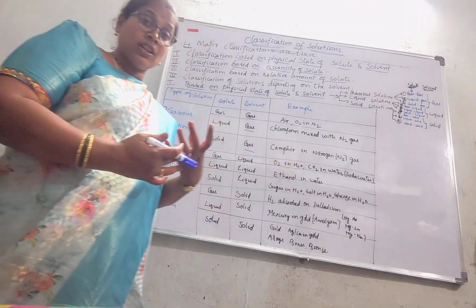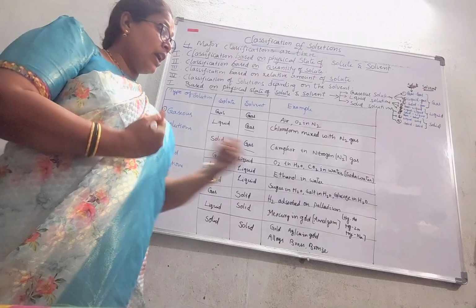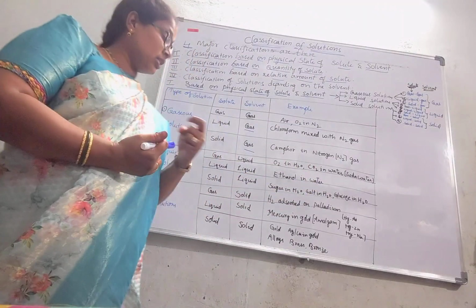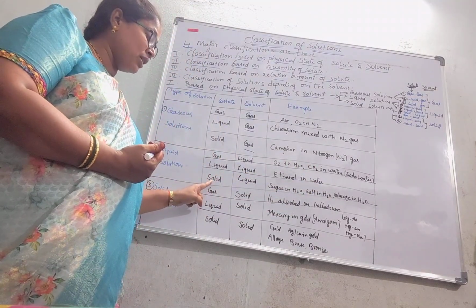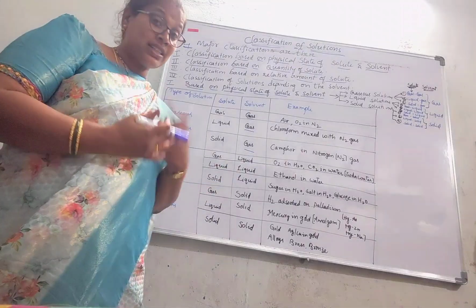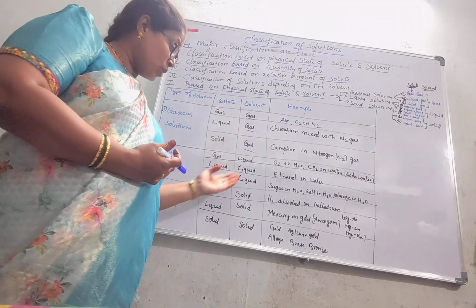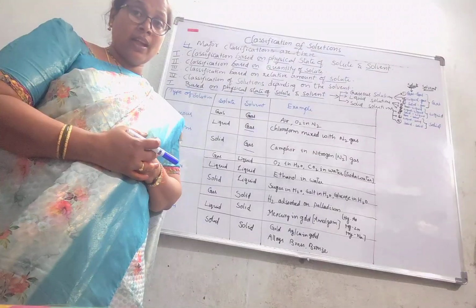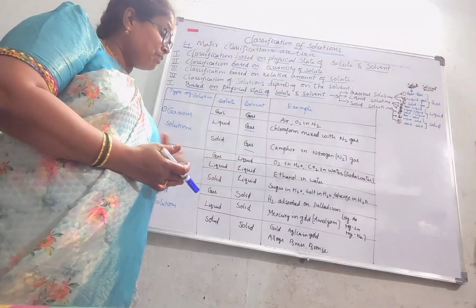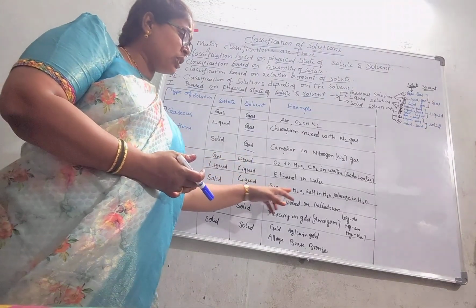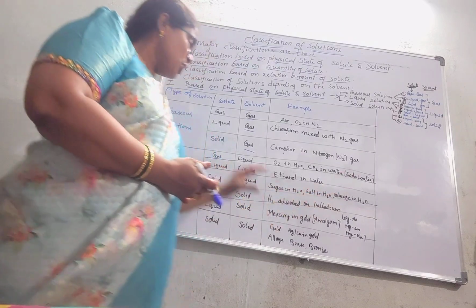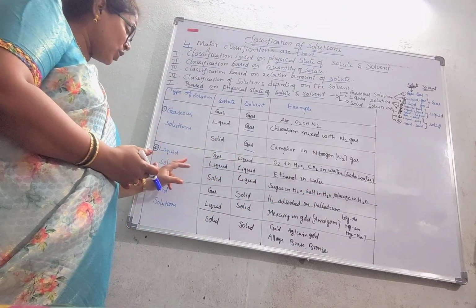In summer season, to get energy, we drink glucose water. That glucose water is also an example for solid in liquid type. We'll discuss solid in liquid type further. So examples: sugar in water, salt in water, glucose in water. These are called liquid solutions.